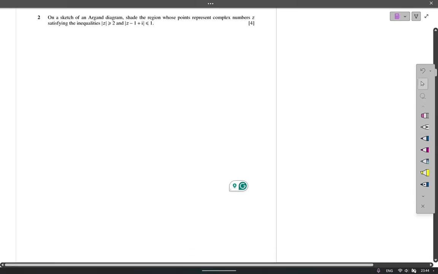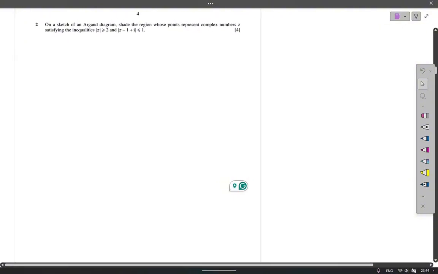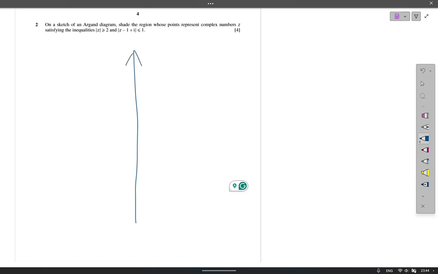Since we have to sketch an Argand diagram, let's just draw these axes, one real, another one imaginary.